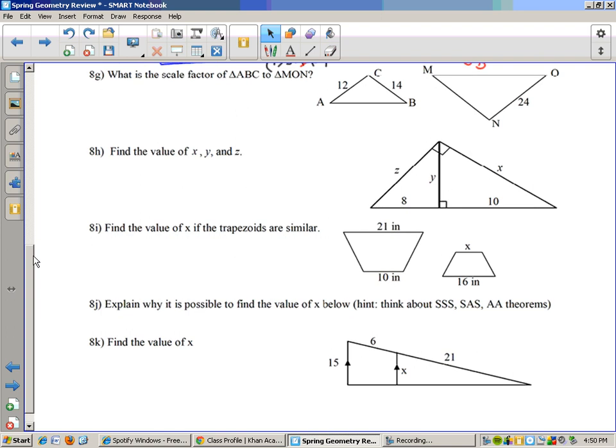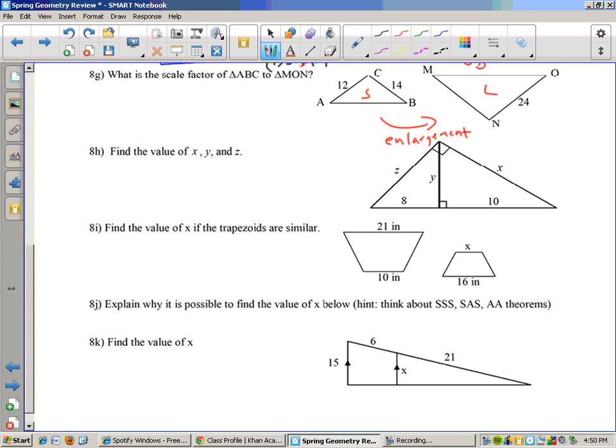Okay. What is the scale factor of triangle ABC to triangle MON? Hey. So this is probably where we're going to get into some differences between what the question is asking for: scale factor of ABC to MON. So this is the small and this is the large. That means that we are doing an enlargement.